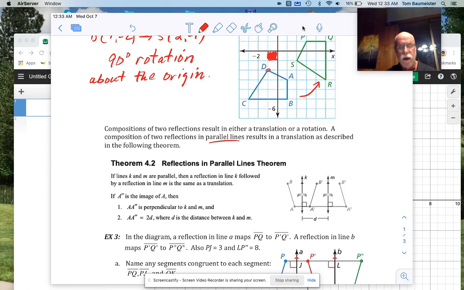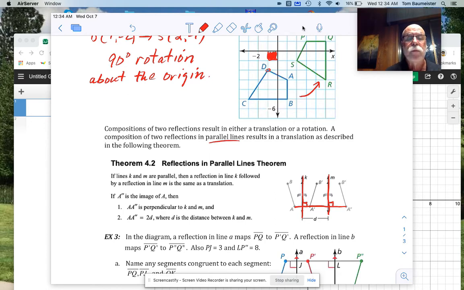So if A double prime is an image of A, then AA double prime is perpendicular to K and M. So it's saying that this whole thing right here is perpendicular to K and M, and they're showing you that they're perpendicular by those boxes.